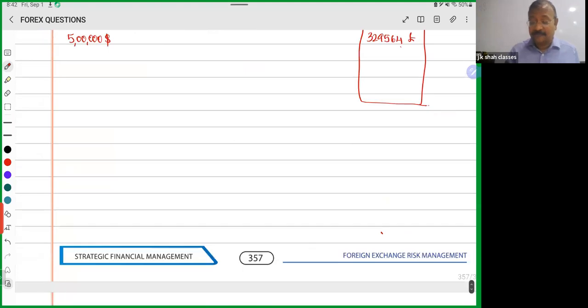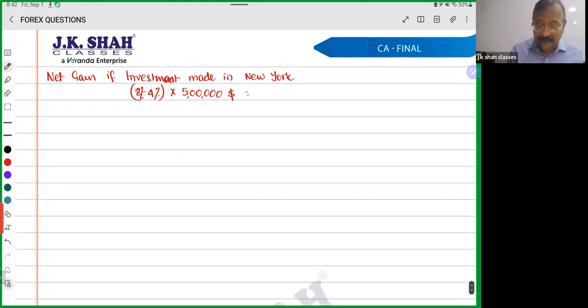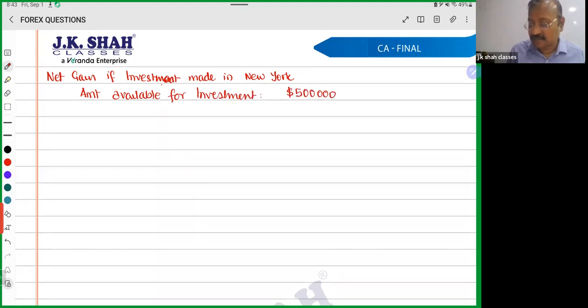But now when they are asking your net, see what you should do is: amount available for investment is $5 lakhs, which at spot rate of, what is the rate? 1 pound is equal to $1.54.